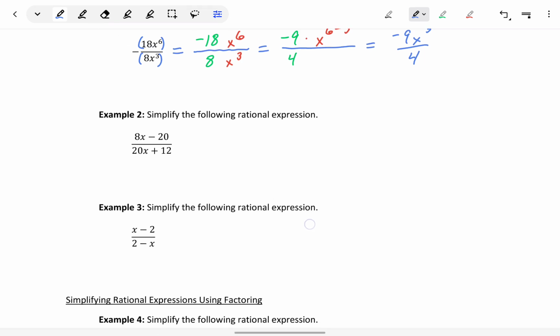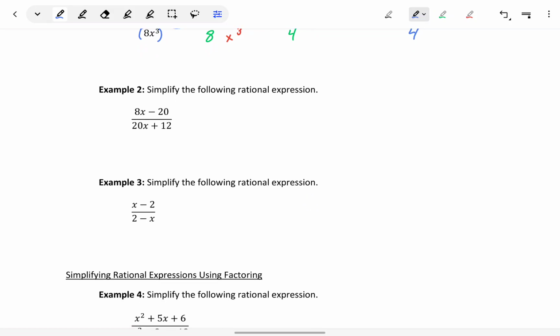When we move into example 2, with that work that we just did in mind, a very common thing that people like to do, or can accidentally do here, is see something like in example 2, we have a 20 in both the numerator and denominator, and people like to try to cancel those out.